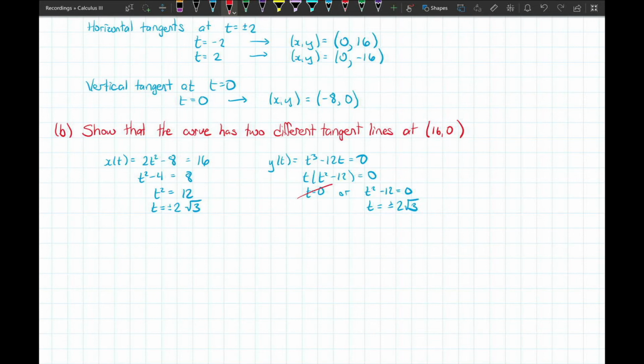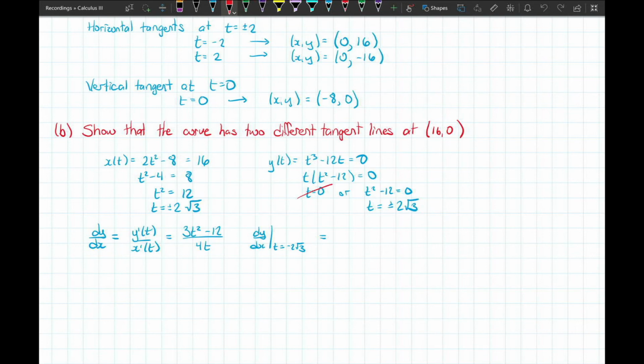All right, this time around, we're going to actually need to calculate an expression for the derivative. dy by dx is equal to y prime of t over x prime of t, which is 3t squared minus 12 all over 4t. And we can evaluate that at t equals plus or minus 2 root 3. A handy notation here is we can write dy by dx with a vertical bar evaluated at t equals negative 2 root 3, which is the same thing as the square root of 12.